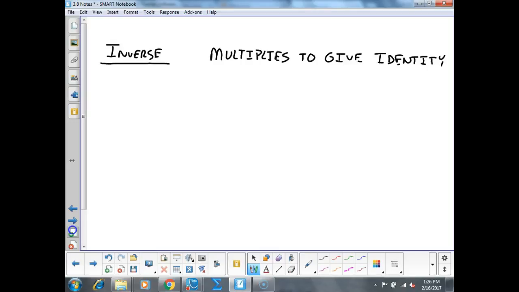So a matrix times its inverse gives us the identity.